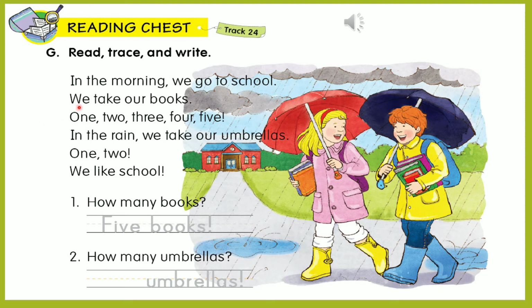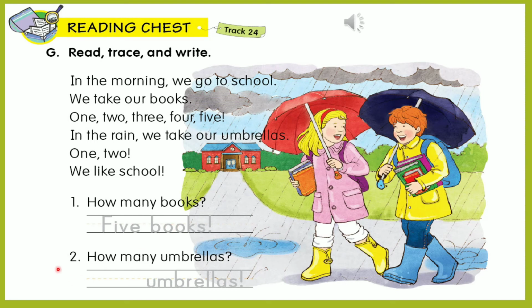Right here it says, we take our books. How many? 1, 2, 3, 4, 5. So the answer is 5 books. So I'm going to need you to trace through these letters.